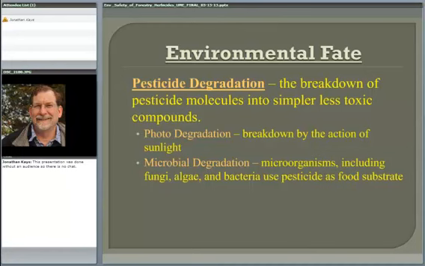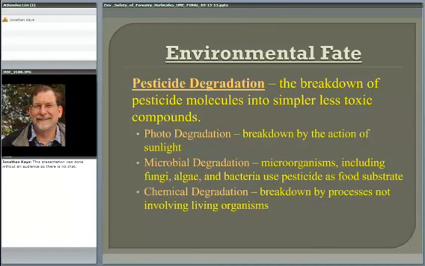And finally, there's chemical degradation, which is another one. And that's breakdown by processes not involving living organisms. This has mostly to do with what's in the native soils. Many soils that have a higher percentage of clay are more likely to absorb these molecules and hold them fast and stop them from moving. So pH is a factor, and temperature as well. So those are the types of degradation.